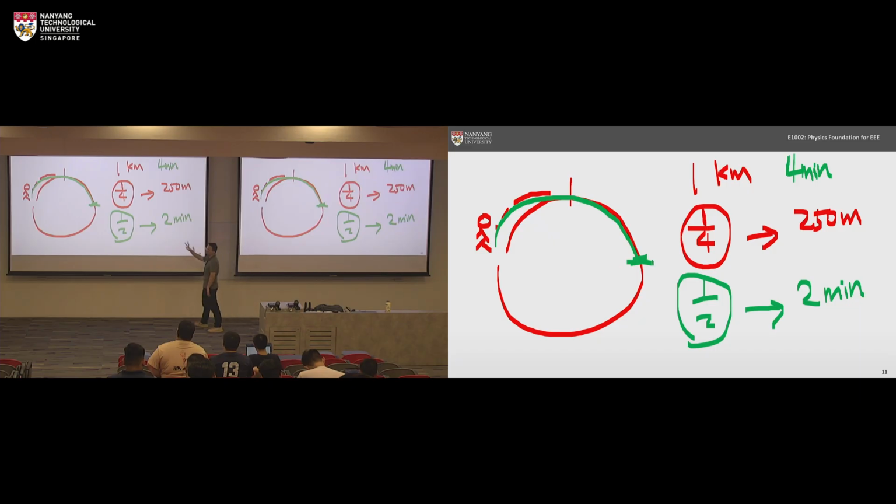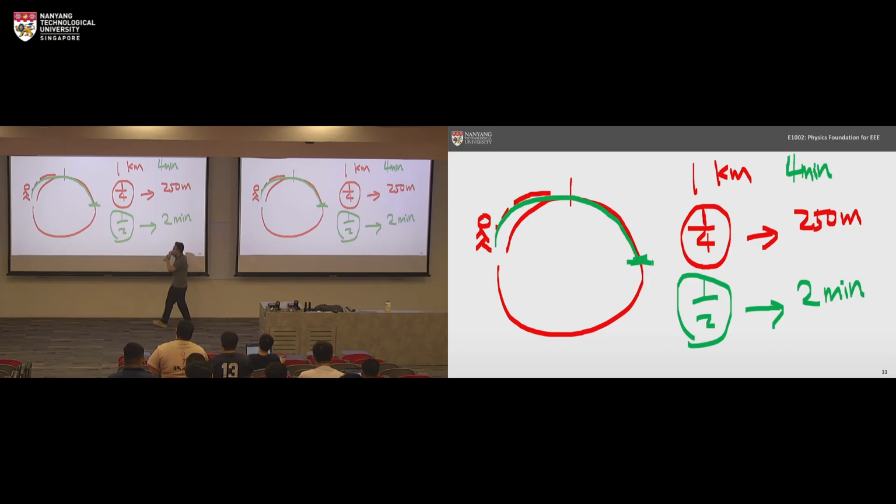A phase can tell you two pieces of information. One is time, the other one is distance. So the basic concept is, let's assume that one cycle, you think of a track, corresponds to a certain distance, which is 1 kilometer.